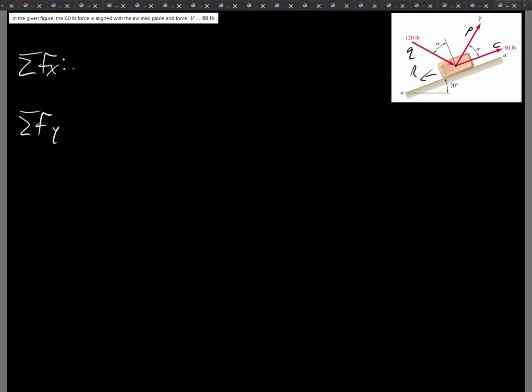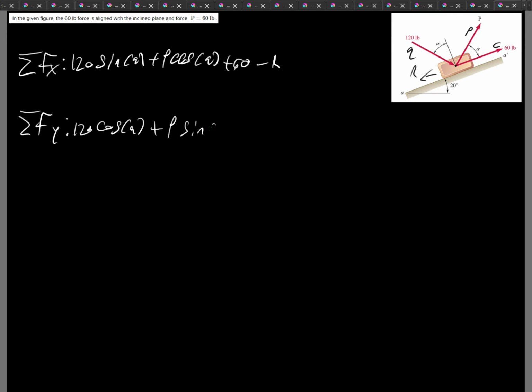Now, the sum of the forces in the x direction is going to be 120 sine A plus P cosine A plus 60 minus R. And then the sum of the forces in the y direction is going to be 120 cosine A plus P sine A equals 0.